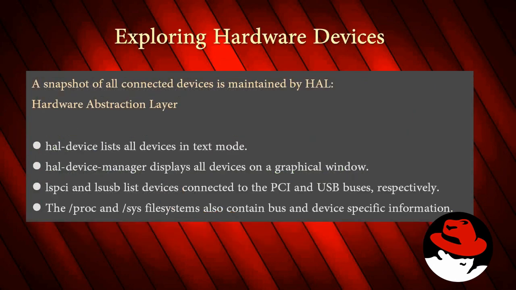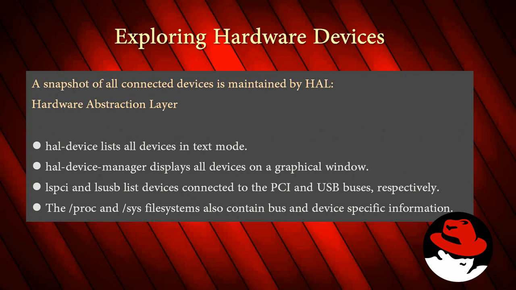You can explore hardware devices with a snapshot of all connected devices, which is maintained by the hardware abstraction layer, or HAL in short. You can write the command hal-device, which lists all the devices in text mode. Then you can write a command called hal-device-manager, which displays all devices in a graphical window.